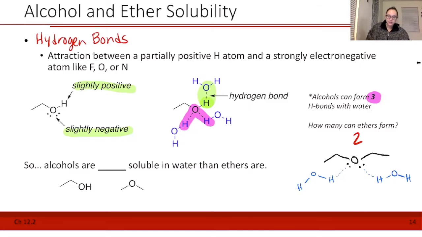Because of this, the more hydrogen bonds a molecule has with water, the more likely it's going to interact with it, the more water can get around it, and the more soluble it is. So alcohols are more soluble than ethers are. This is soluble, and this is slightly soluble.